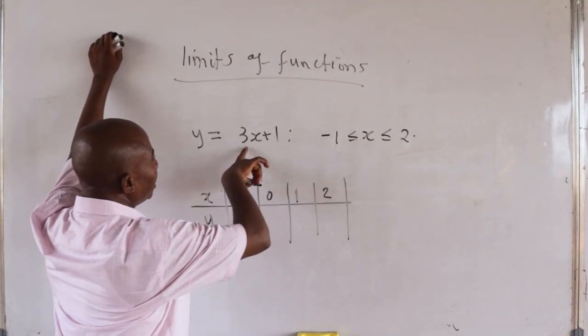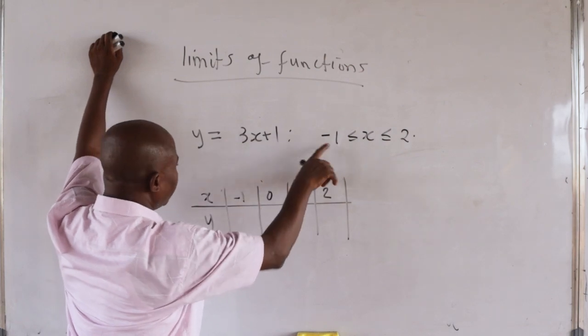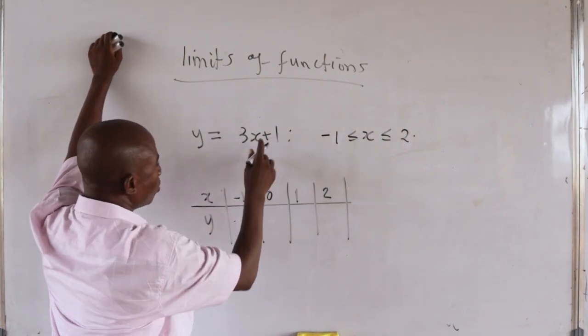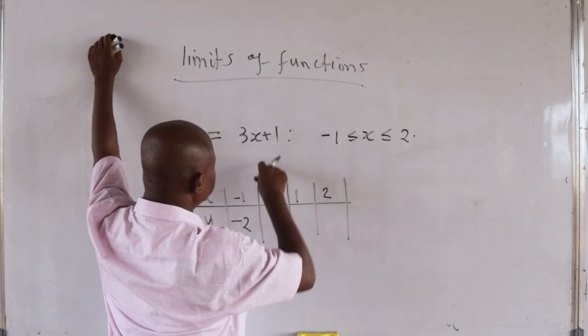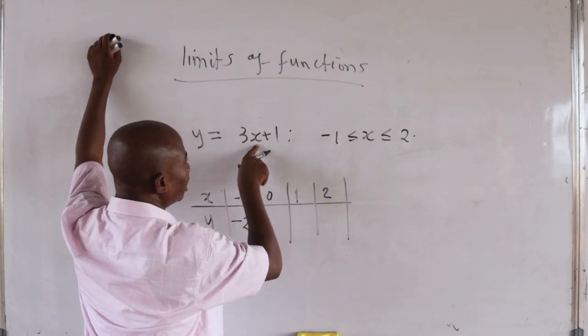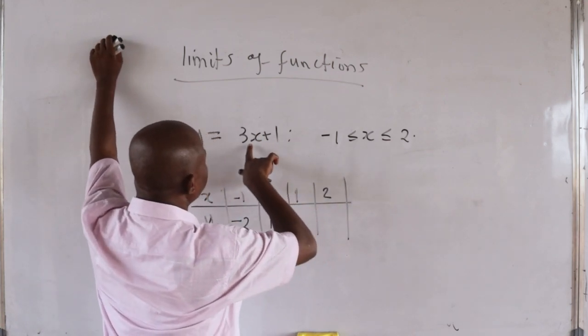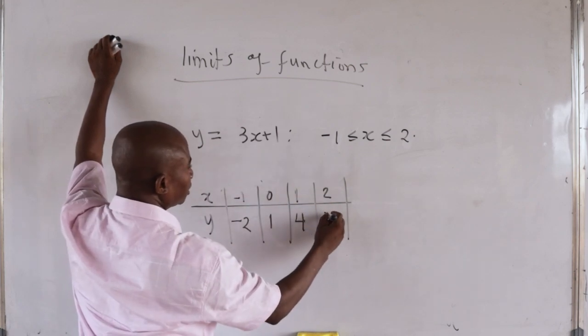And so we start. When x is negative 1, this will give us 3 multiplied by negative 1, which is negative 3 plus 1, and we get negative 2. If x takes 0, this becomes 3 times 0 plus 1, which is 1. If x takes 1, we have 3 times 1 plus 1, this is 4. And then this will give us 7.